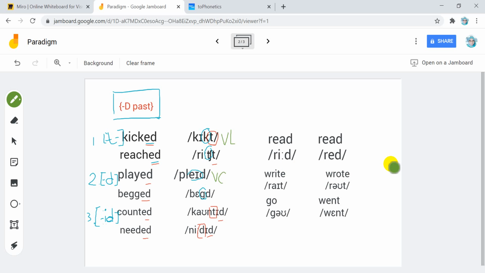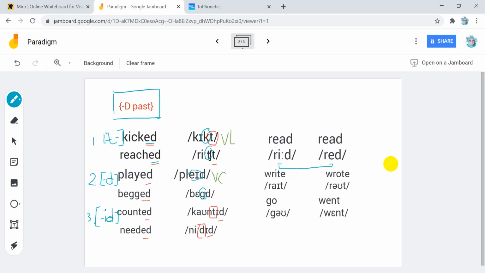Like read, it is written the same, read, read, but it is pronounced differently. The first one is pronounced as read, and the past form is pronounced as red. So there is a change of sound within the word.